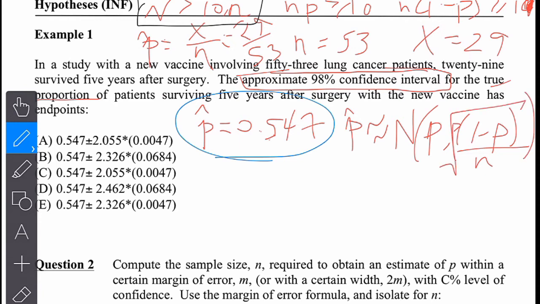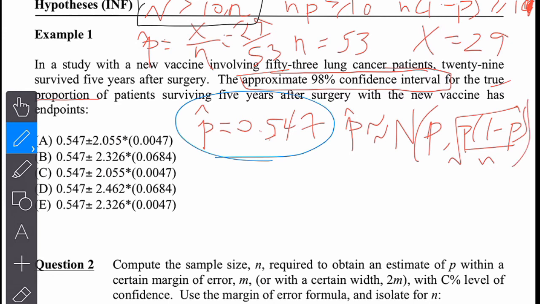Let me fix that. I have to keep this clean. If I could only edit. Okay, the square root of P times 1 minus P over n.